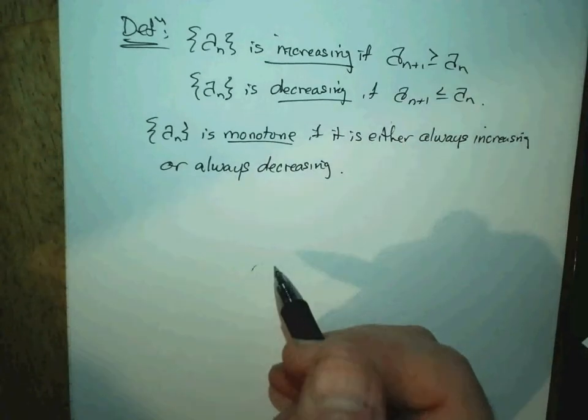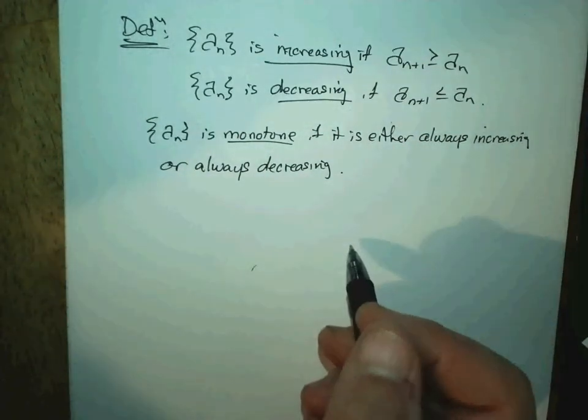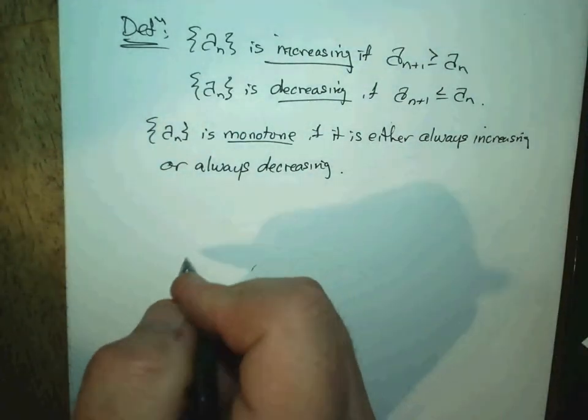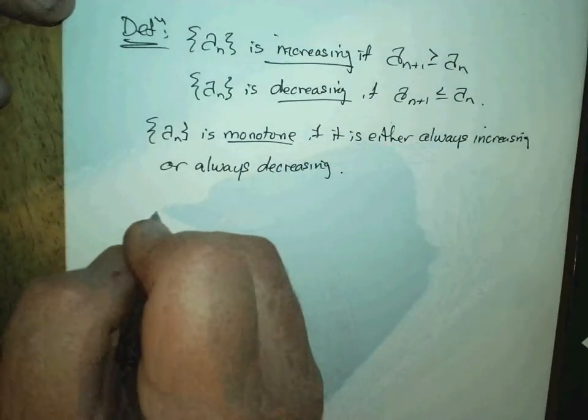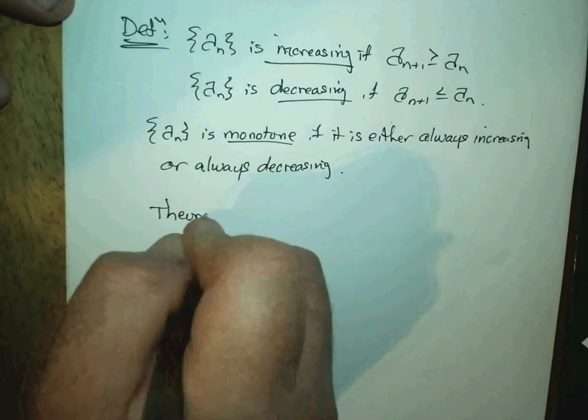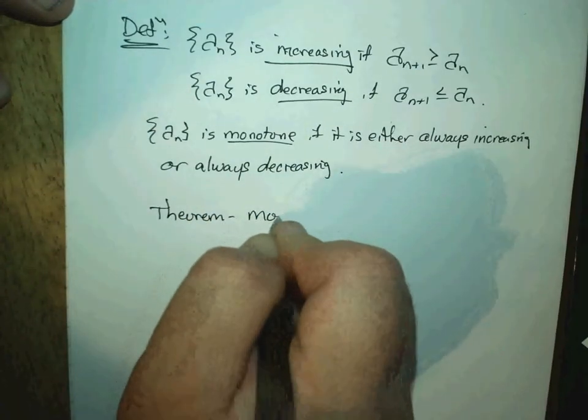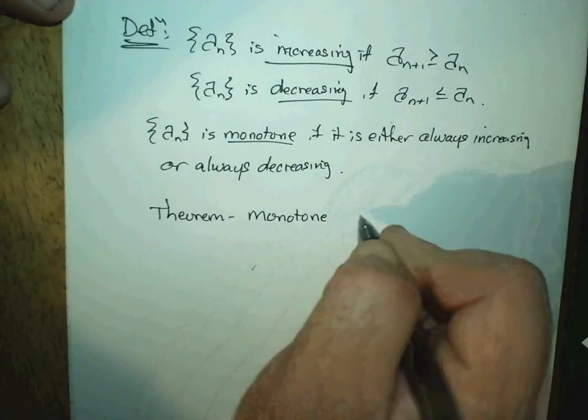Okay. Now, why do we care about this idea of a sequence being bounded? Why do we care about the sequence being increasing or decreasing? It's because when we put these two things together, we get what's called the Monotone Convergence theorem.